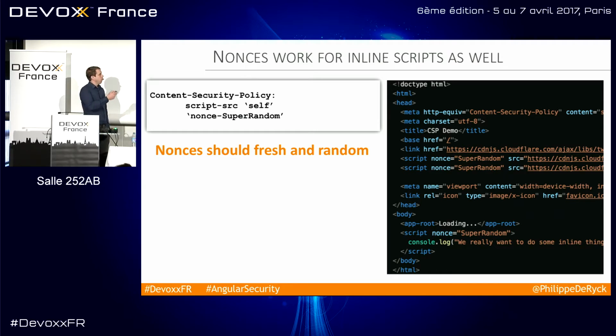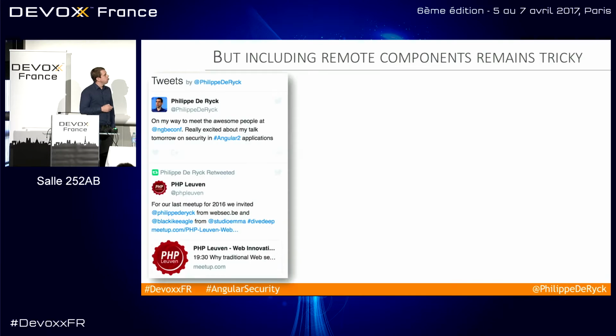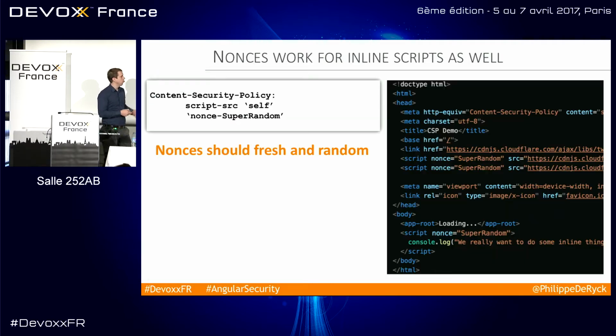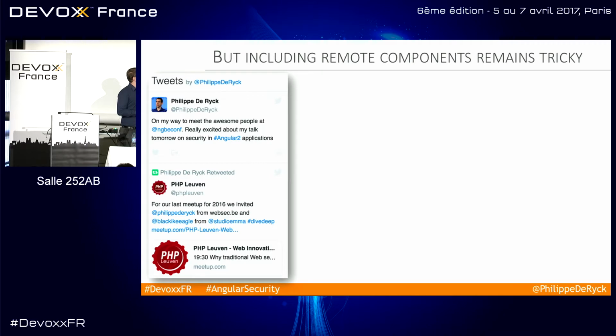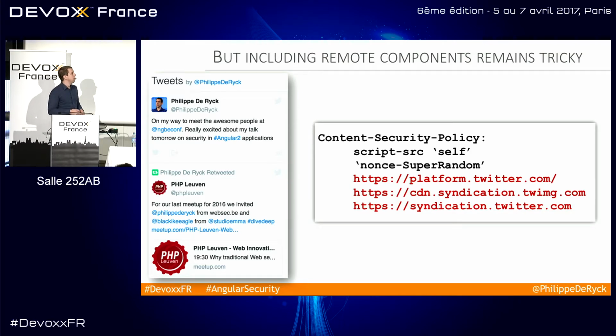So our application still works, but if you use something external, like a Twitter timeline or any other external code, essentially what happens is you can add a nonce to the first part of code. So for the Twitter timeline, I would add it here, to the widget code that Twitter gives you if you want to embed this. Then you expect this to work, but actually you get some dirty HTML and a lot of errors because Twitter is trying to load resources from all of these different hosts.